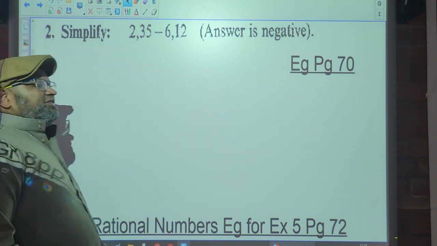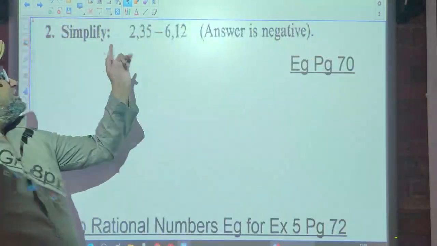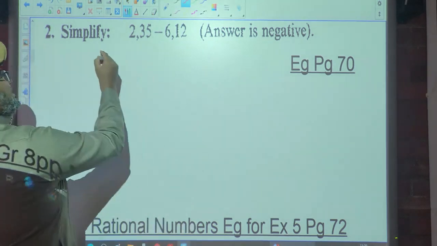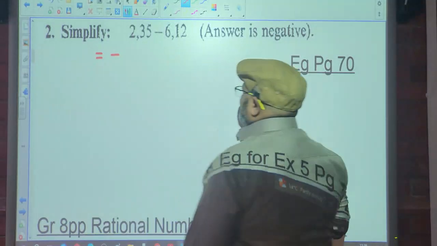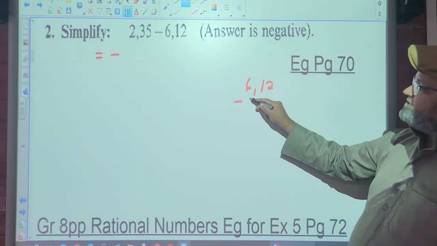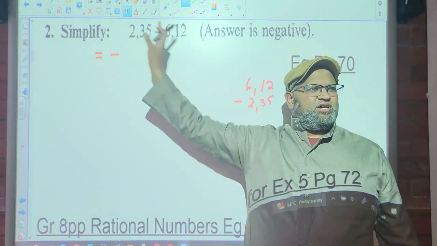People, 2,35 minus 6,12. Is 2,35 larger than 6,12? Just the numbers. Which one is larger? 6,12. So in other words, this answer is going to be negative. If the signs are different, we subtract, so 6,12 minus 2,35. Note that I'm not putting it under here, I'm doing it on the side.